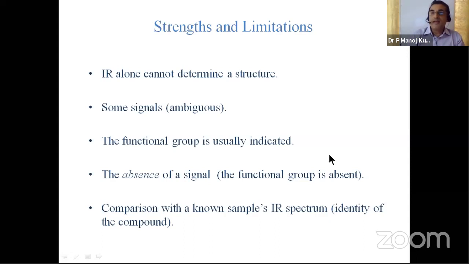But definitely the negative information also gives you a lot of information. When you say it is a ketone, it definitely tells that there is no OH band, no amide band, and no amine band. So that negative information also gives very positive information about the probable type of functional group that can be present.